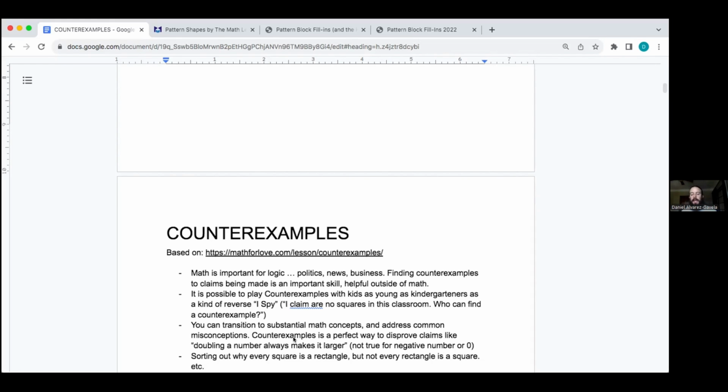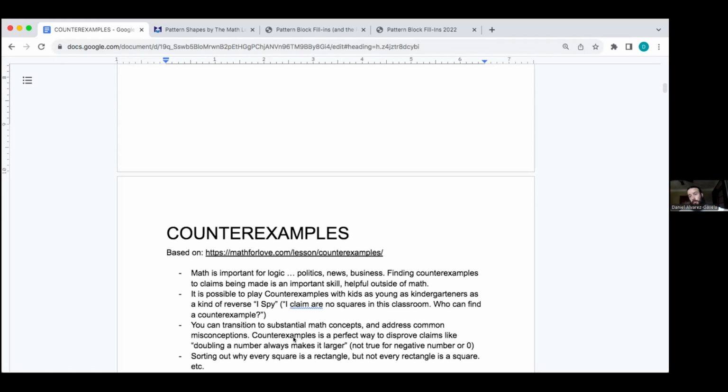You see, by the way, in the statement, every square is a rectangle, not every rectangle is a square. So these are two very different kinds of statements, right? The statement every rectangle is a square is false, and to see that not every rectangle is a square, you just need to look at a single rectangle that doesn't have all sides the same length, and that's it. It's not a square.